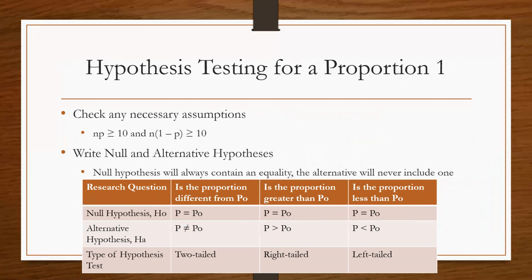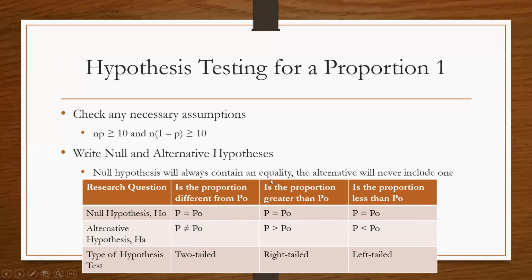This table should look very familiar. It's basically all of hypothesis testing summarized into one tiny little bit. If the question is whether the proportion is different from the null, then the null says no, it's the same. The alternative says it's not equal to. And then you'd be doing a two-tailed test.